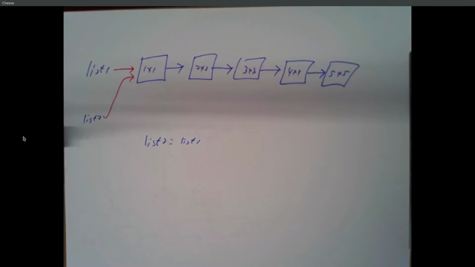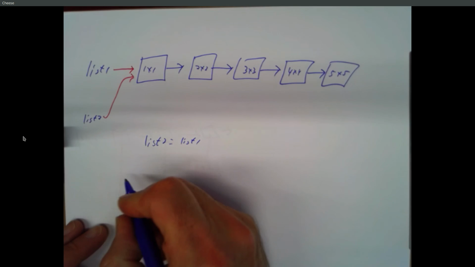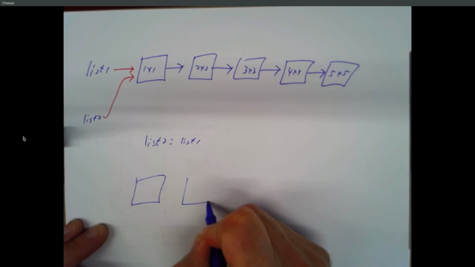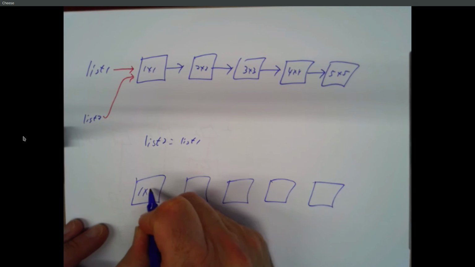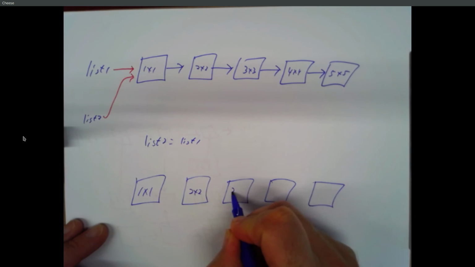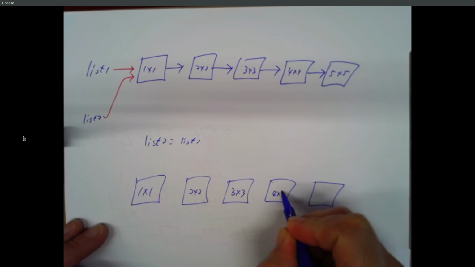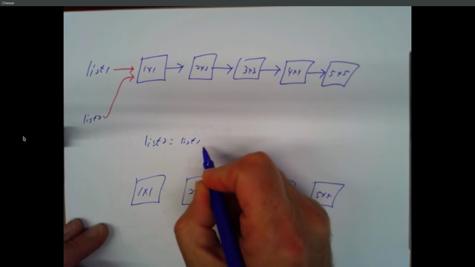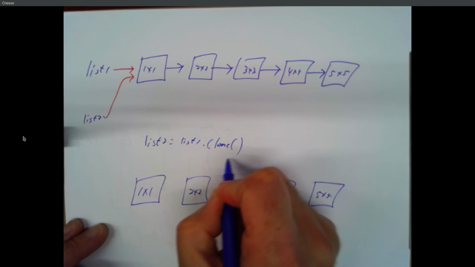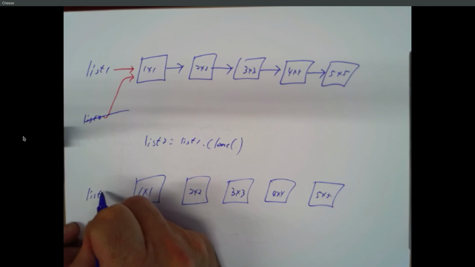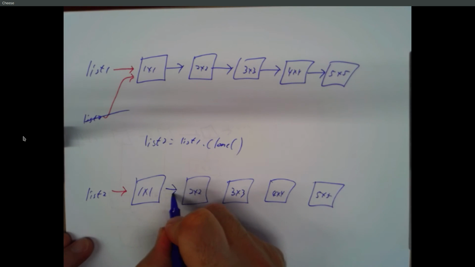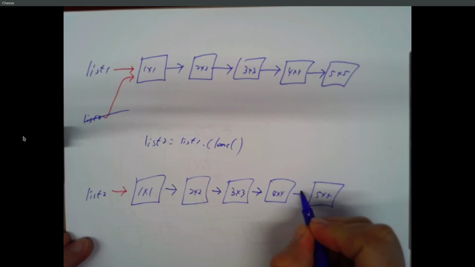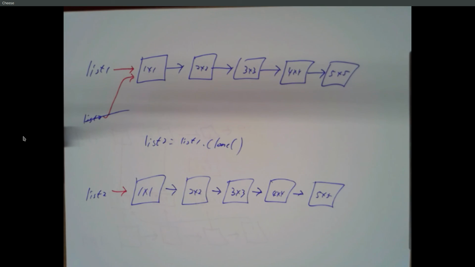So we have separate lists now. So here's what this looks like. So list 2 is referring to this list, and it's a completely separate list.